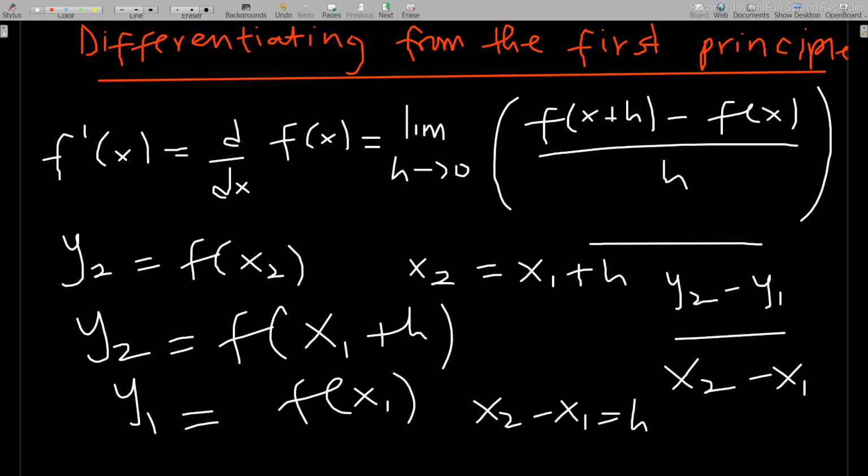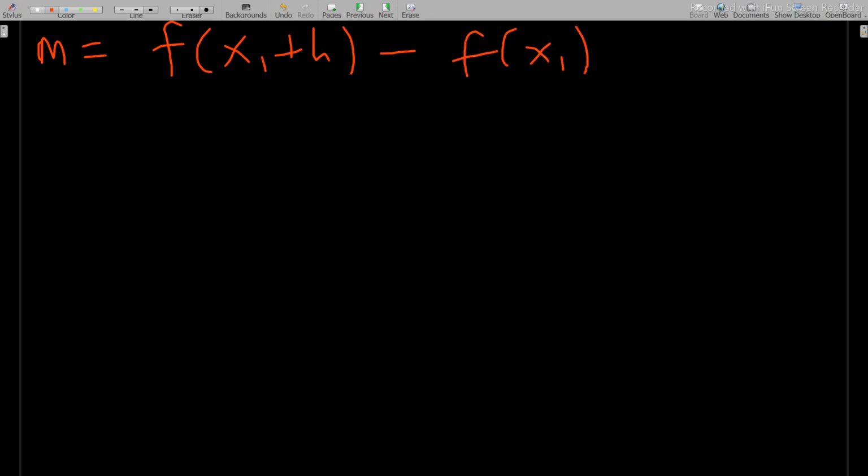That was the difference. When you put it inside the gradient function, what will we get? The gradient, which is m, will be equal to f of x1 plus h minus f of x1, over x2 minus x1.